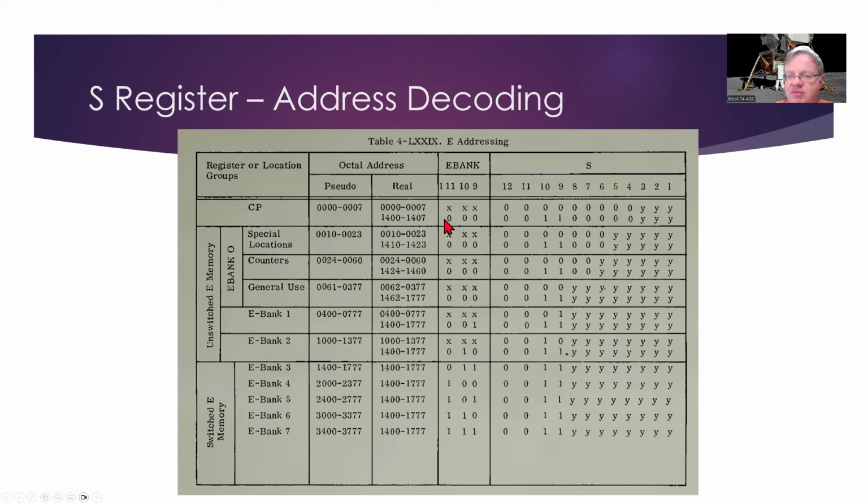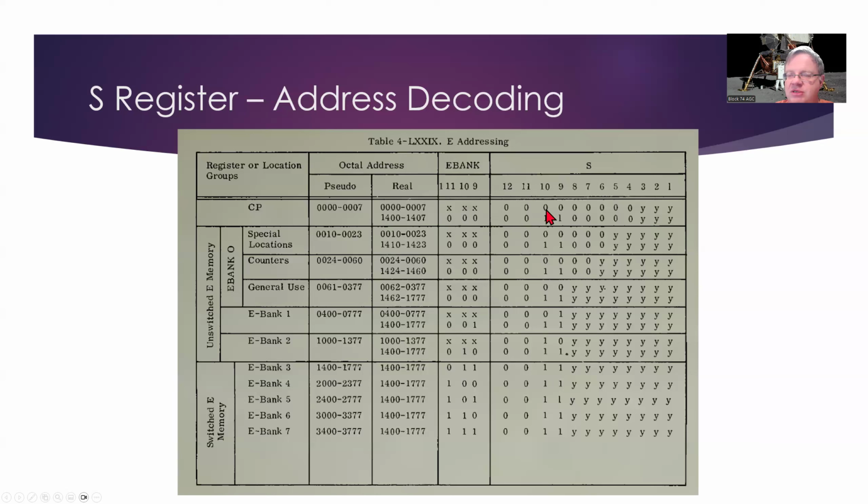We can see that based on some of this logic, if the S register contents fit into these scenarios, we have these XXX, which means we don't care what the contents of our EBANK are. Basically, we can ignore them in all of these scenarios.